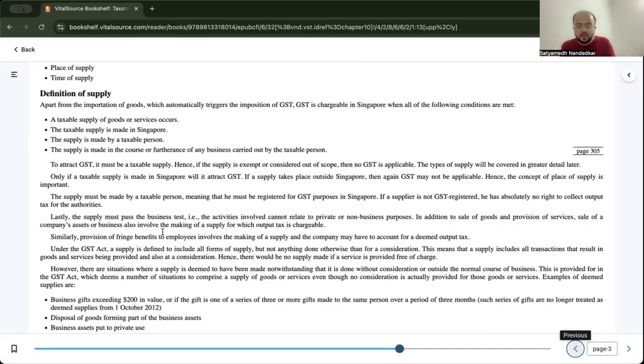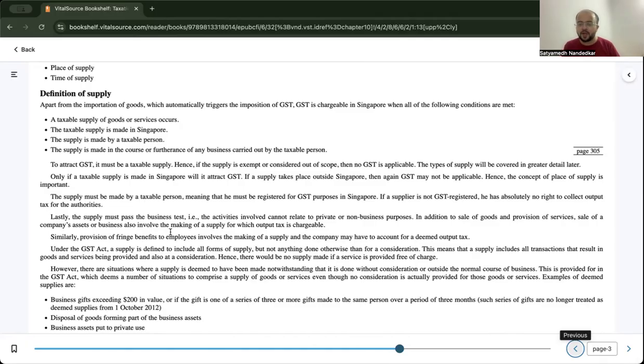Provision of fringe benefits to employees involves the making of supply, and the company may have to account for a deemed output tax. Say, for example, the company is providing me with gardener services. Okay. Now, if the company is providing me with gardener services who comes and does gardening at my company owned accommodation where I am staying, now otherwise I would have to avail the gardening service from an external third party.